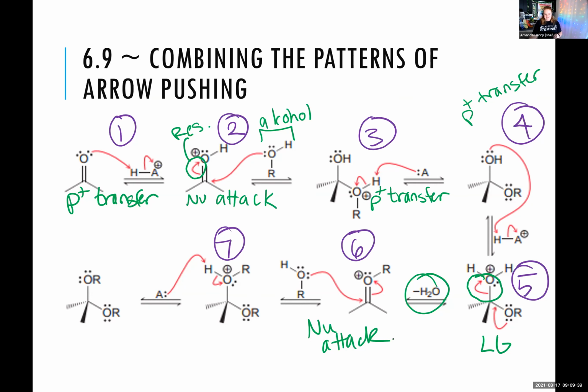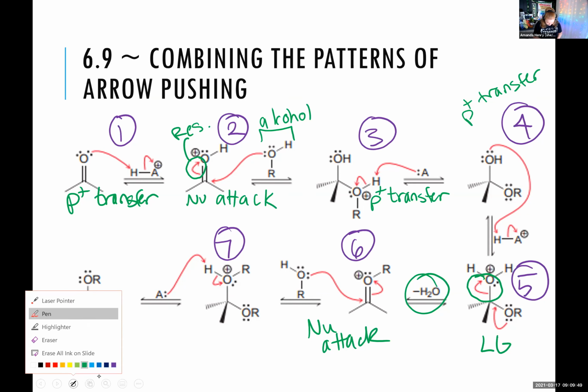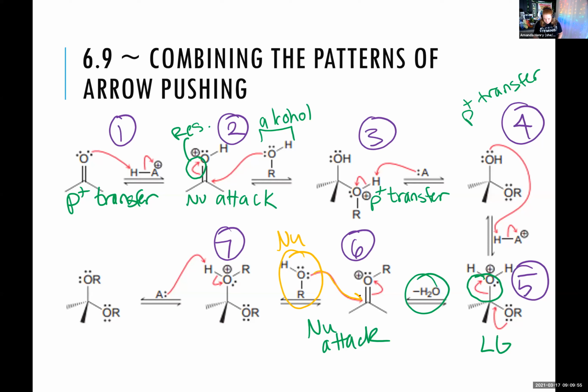So what I mean by saying that they're the exact same thing is, if we look at this guy, there's our nucleophile, and it's going to make a bond to our carbon, and then the other bond has to break. So we're forming a new bond to our carbon, and a previous bond has to break.